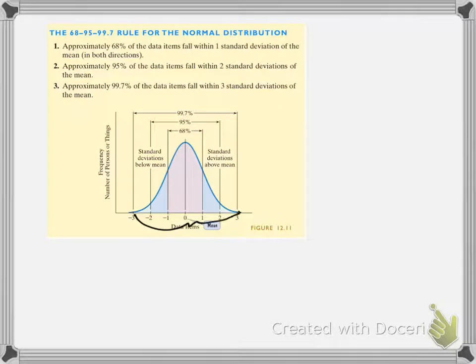Okay, 3 standard deviations. So you can go 3 this way or 3 that way, above or below. So almost the whole population sits within 3 standard deviations of the average, okay? And then the 68% of the data fits in 1 standard deviation away. Okay, so we're going to use this information to start making some calculations and to start playing around with this and trying to interpret how this might apply to situations.